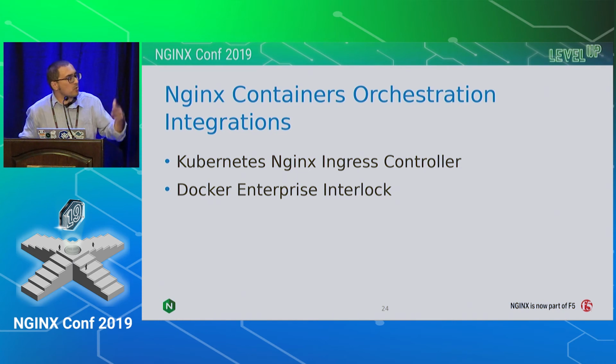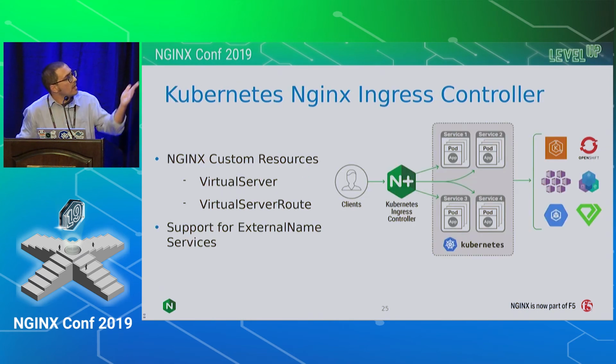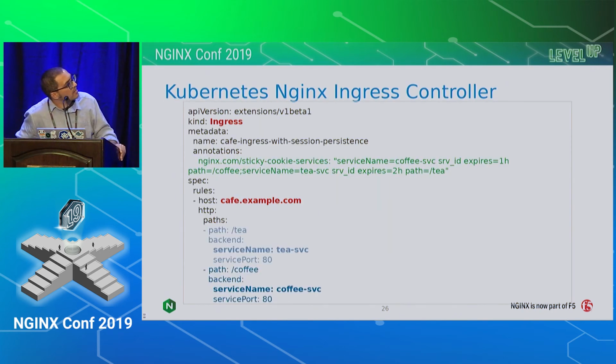And Docker Enterprise provides Interlock, which is based on the same concepts we have seen because they use some templates. NGINX Controller has new features right now that are very cool because in the past we had this kind of configuration, which is an Ingress resource.